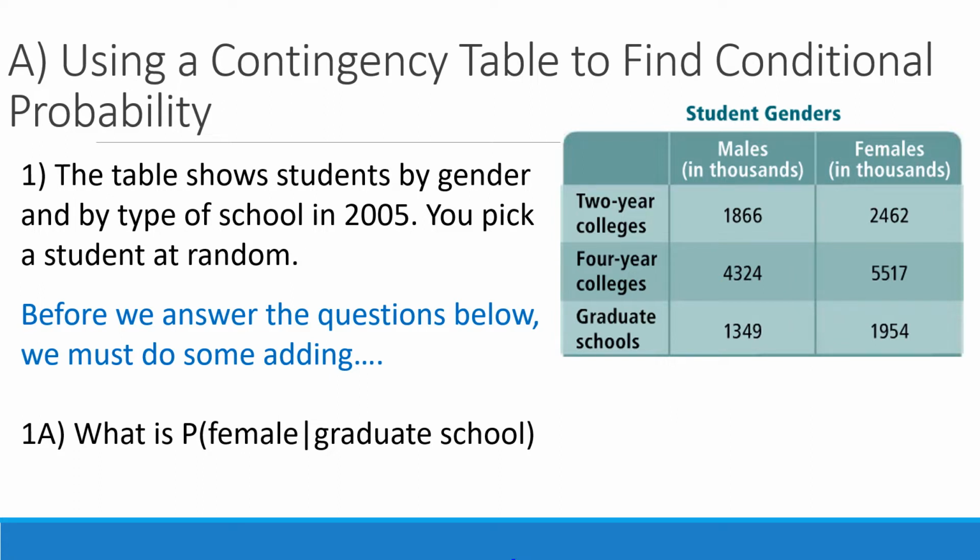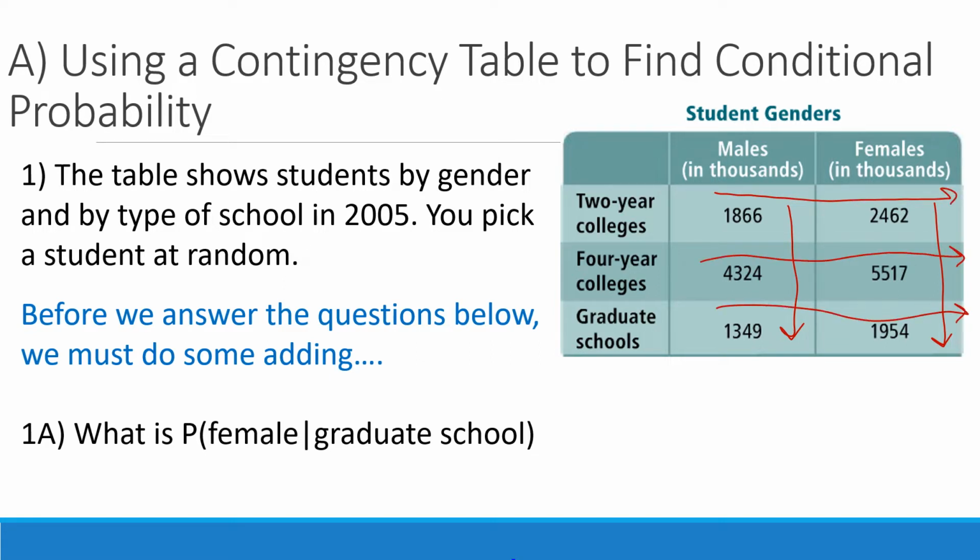So this shows students by gender and by type of school in 2005. You pick a student at random. Before we do any kind of question like this, just like our marble questions or markers in a bag, we need to add up our numbers here. We are going to add down both of these directions, and then add across for all three categories.